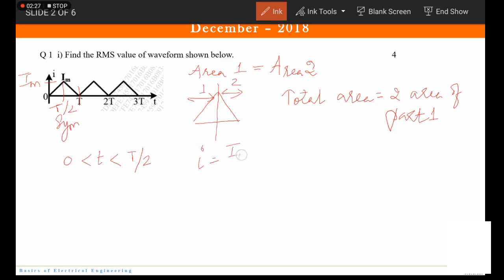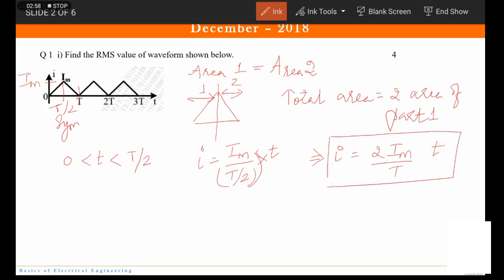What is the value of y? It is Im. And x? We are taking it half, so it is T by 2, multiplied by t. So the equation for i becomes, this 2 goes to the numerator, 2Im by T, that is a capital T, into small t. We have to remember this equation.